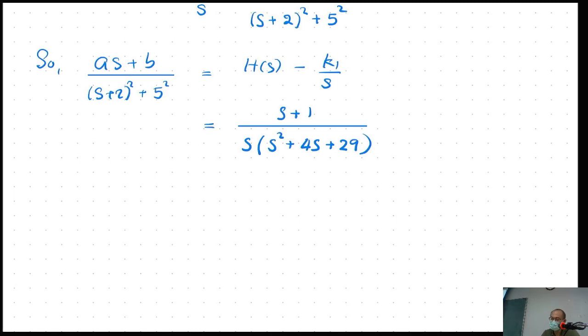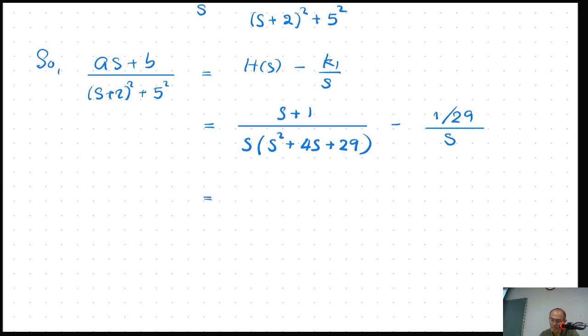Okay, and we know that k1 is 1 over 29. Right? We know that k1 is 1 over 29. So we have that. And then I add these two terms together.